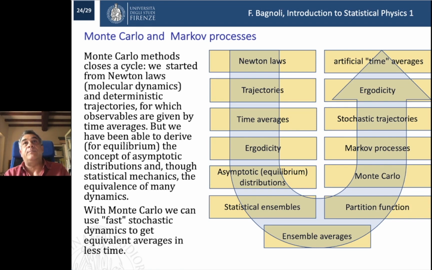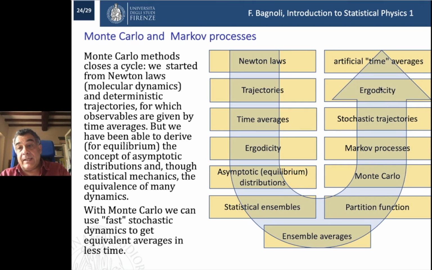And this will lead us to the partition function that will allow us to separate, for instance, velocities, which are essentially simple to calculate the distribution of, with respect to, for instance, the distribution of positions, which are more complex. And so we shall be able to develop simpler dynamics, considering, for instance, only the spatial distribution using Markov processes, so that we can get a statistical trajectory that converges to equilibrium much faster than the original one.